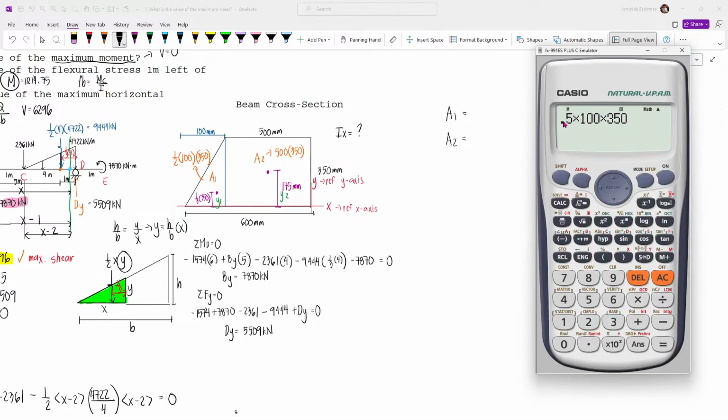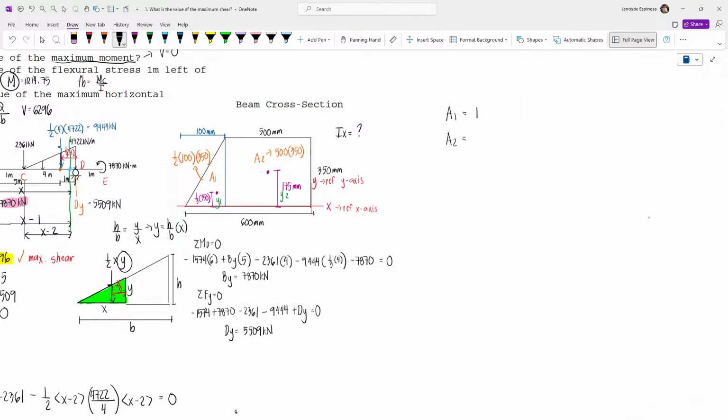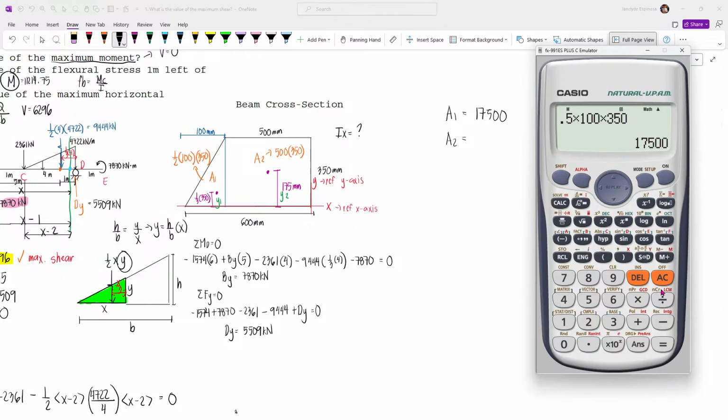Pero kung 0.5 ra, point nya 5, duha ra keystrokes. Dako na kay kag ma-save nga time ana if mo accumulate. So kani siya no, 17,500. Ang area 2 is 500 times 350. So 175,000.